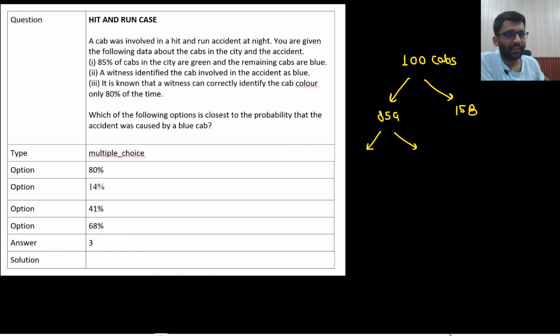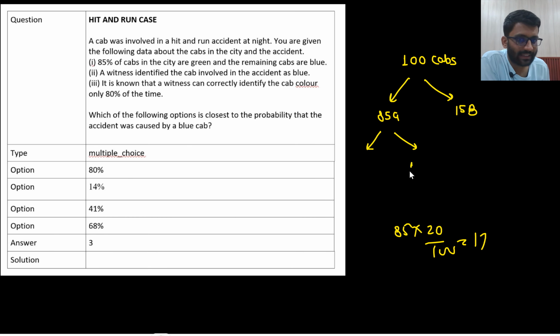You show that guy 85 green cars. What will he say? 20% of the time, that means 20% of 85, he will say there are 17 blue cars, and the rest, 68, he will say are green cars. This is what he will say, because he can identify only 80% of the time.